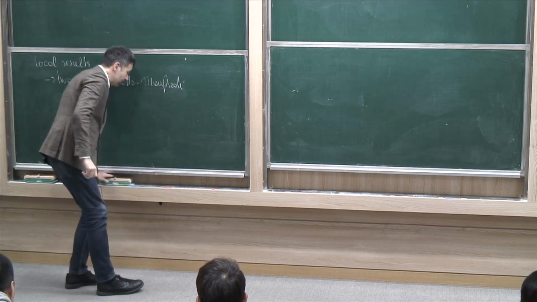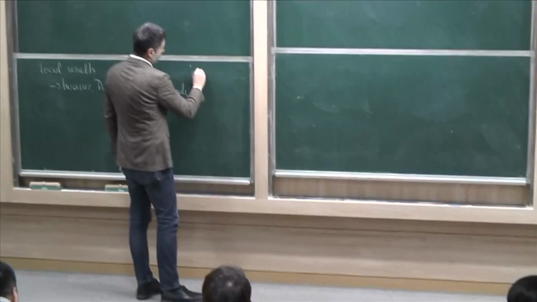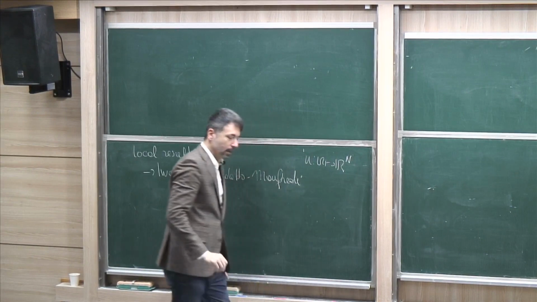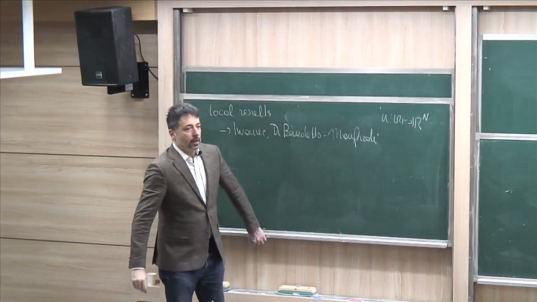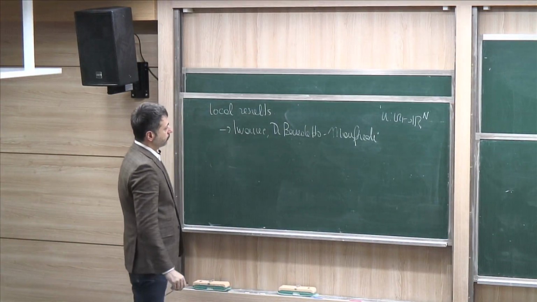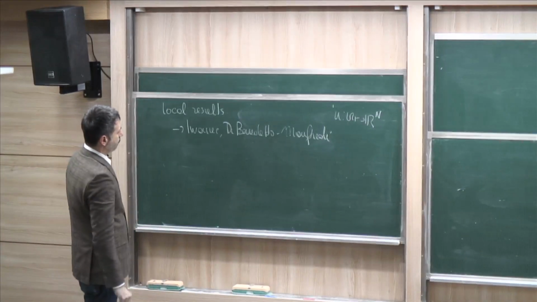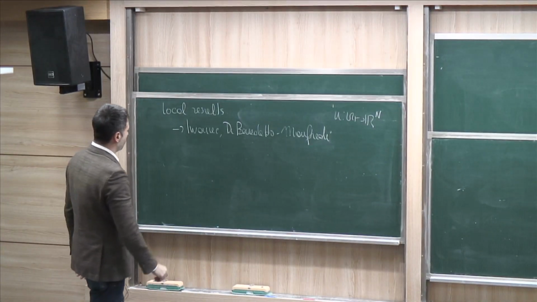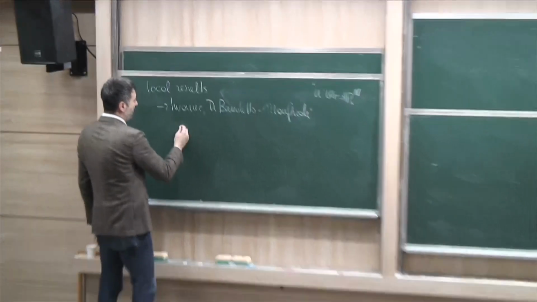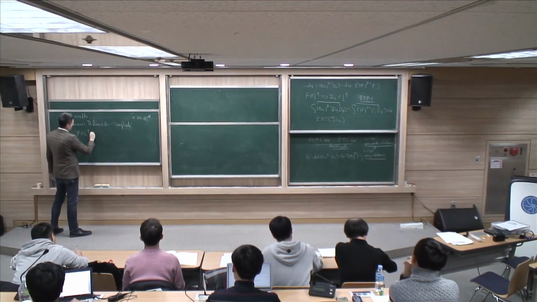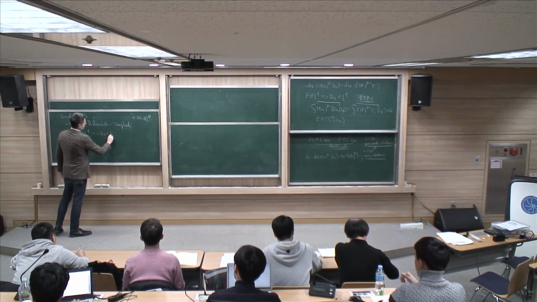And what are these people proving? They hold even for the Laplacian system. And what they prove is that if F belongs to L^q locally, then Du belongs to L^q locally.